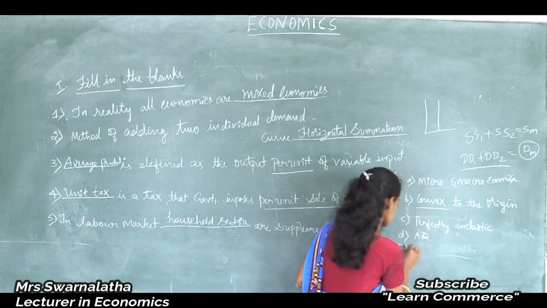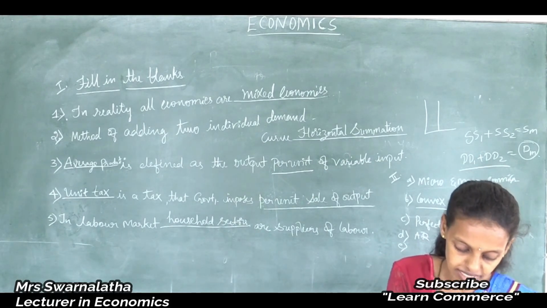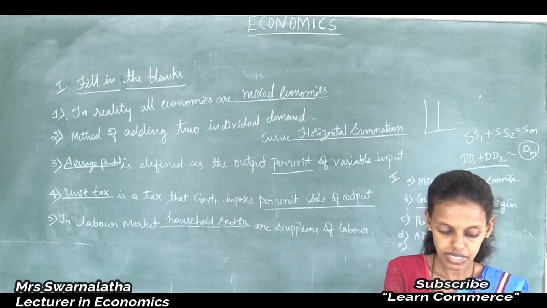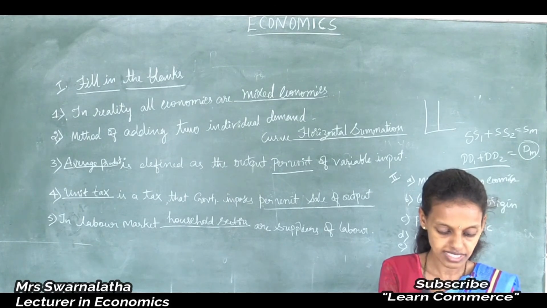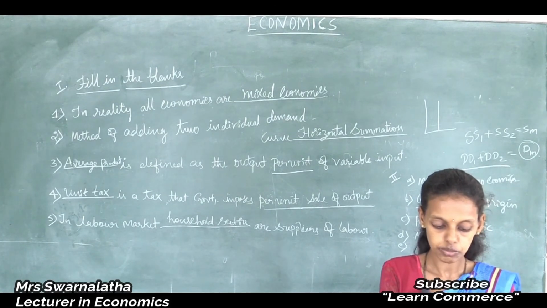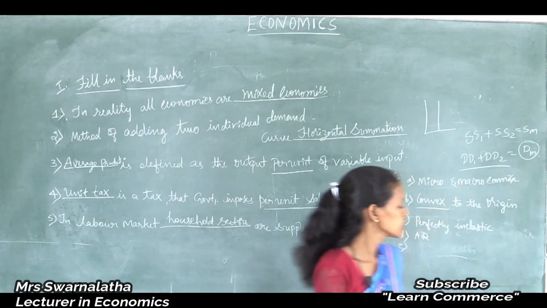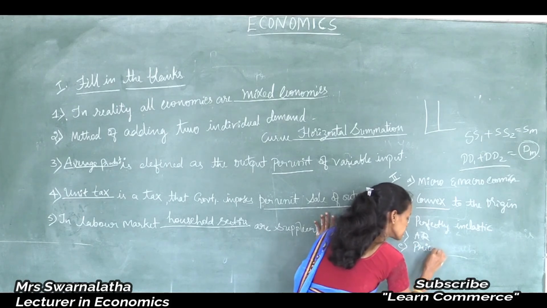Next: in perfect competition, buyers and sellers are said to be either price makers, price takers, price analysts, or none of the above. In a perfectly competitive market, buyers and sellers are price takers.